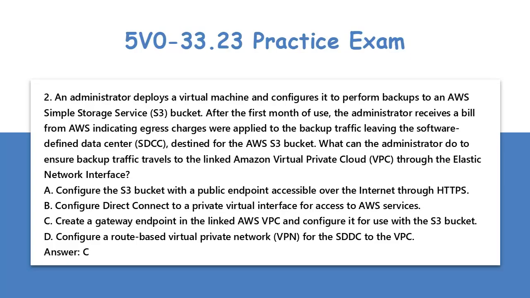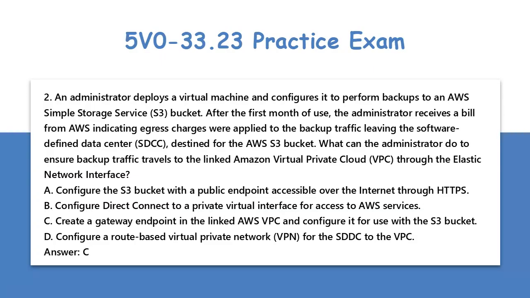2. An administrator deploys a virtual machine and configures it to perform backups to an AWS Simple Storage Service (S3) bucket. After the first month of use, the administrator receives a bill from AWS indicating egress charges were applied to the backup traffic leaving the Software-Defined Data Center (SDDC), destined for the AWS S3 bucket.